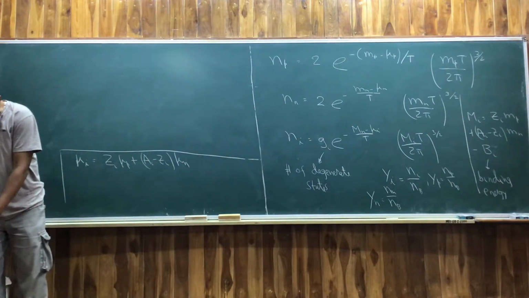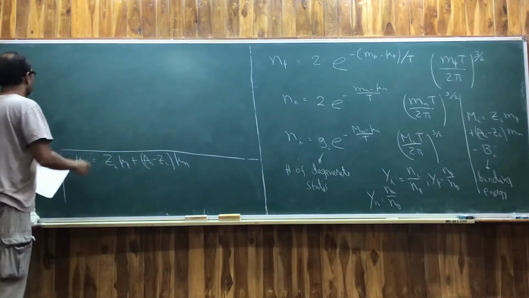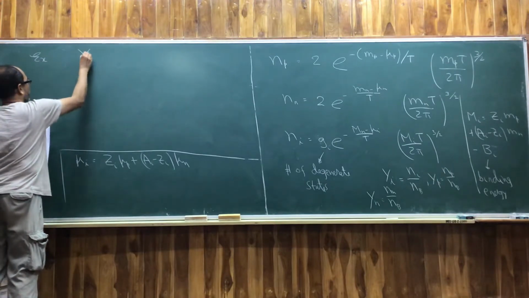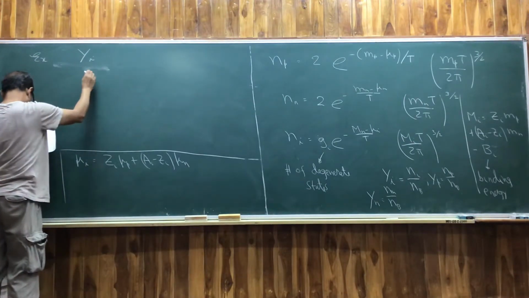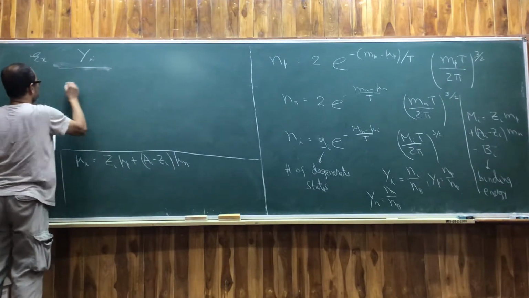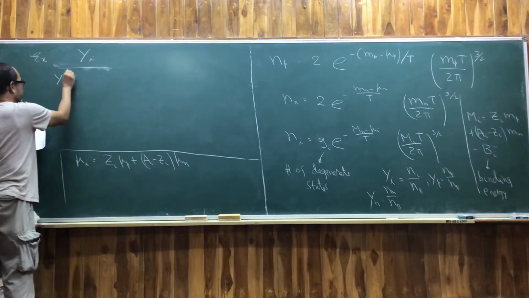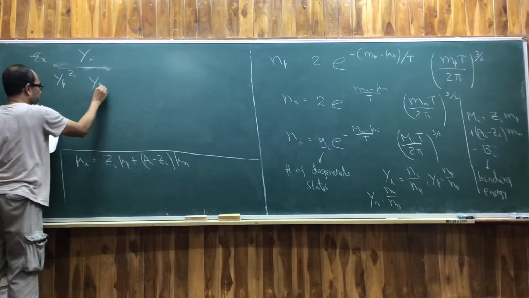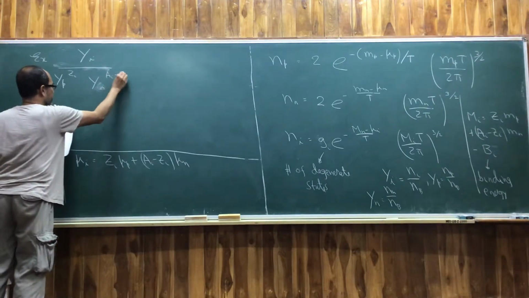So we'll write down the relation in terms of the yi's. So this I'll leave as an exercise, and explain what goes into this. So yi over yp to the power zi, yn to the power ai minus zi.